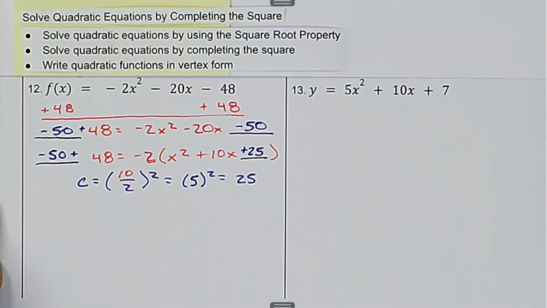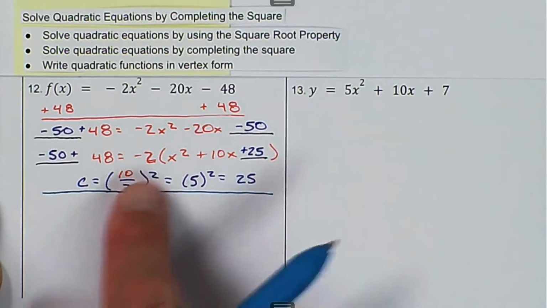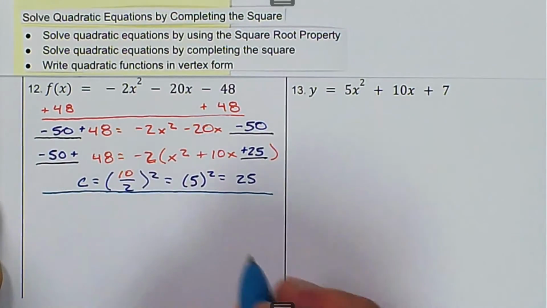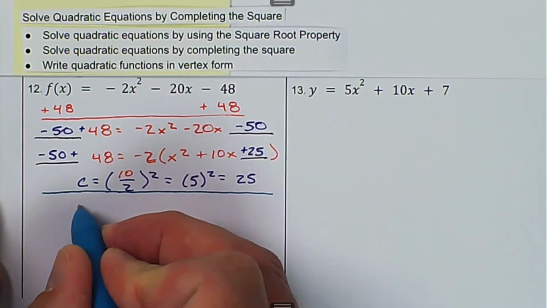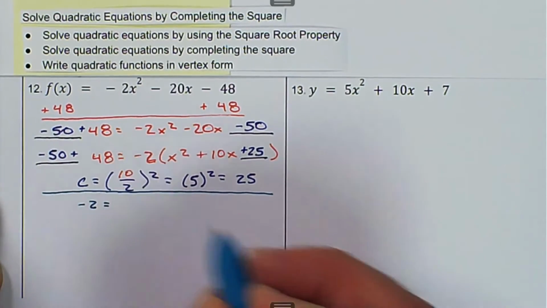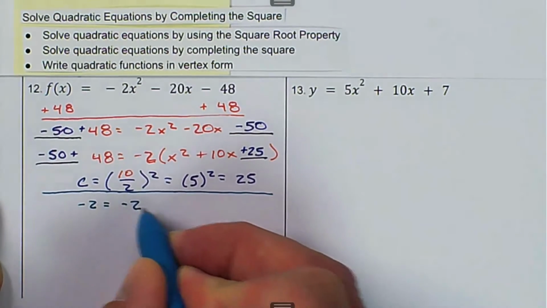Now we can rewrite our equation. And the reason that we did all that is so we could get our perfect square binomial. So on the left side, negative 50 plus 48 is negative 2. Negative 2 is equal to negative 2.